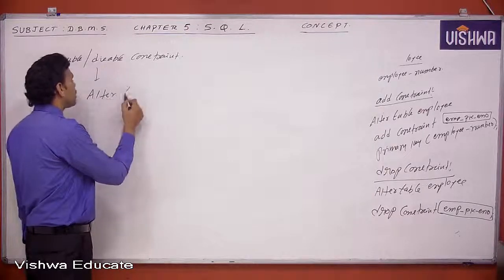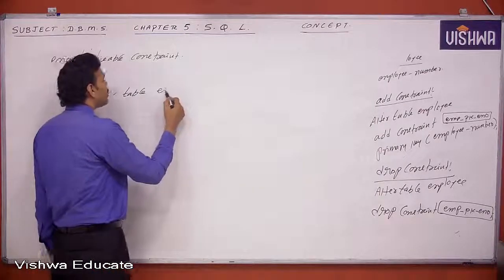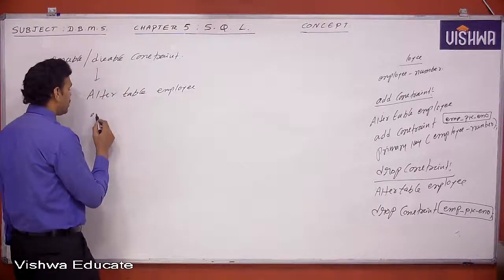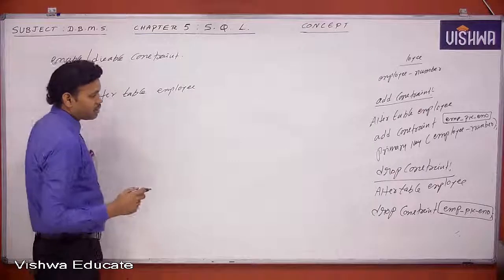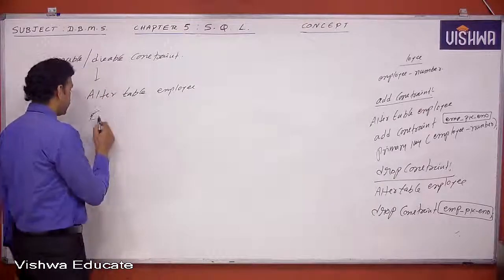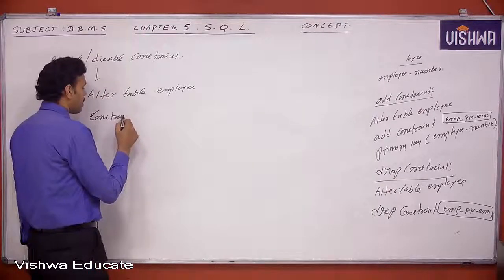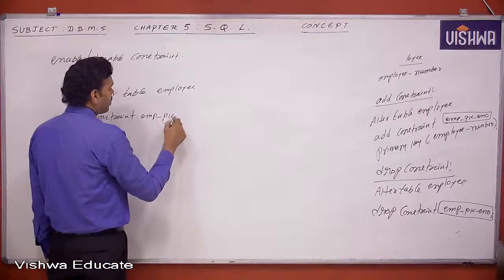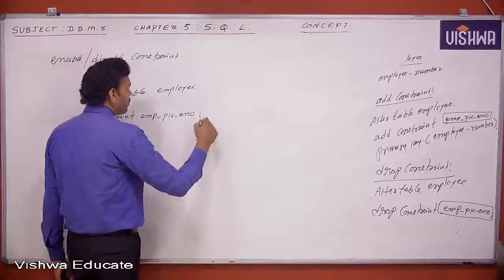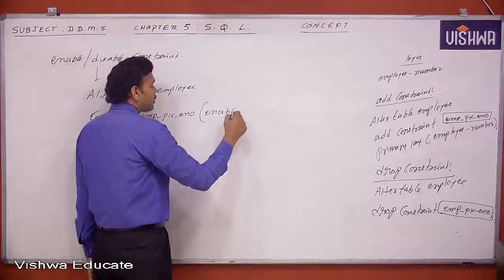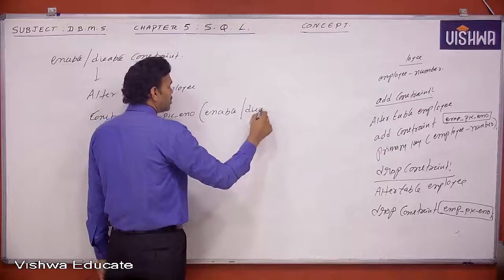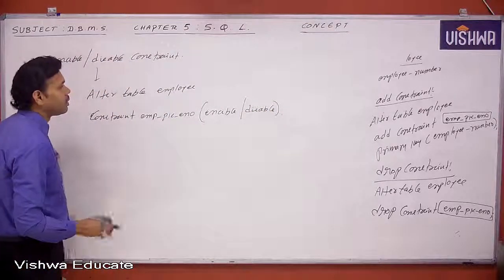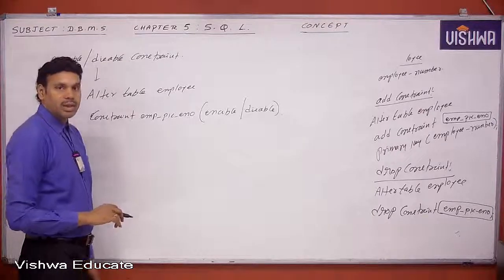Once again, alter table employee constraint emp underscore pk underscore eno, and either use enable or disable. Okay. This is how it works for DDL commands.